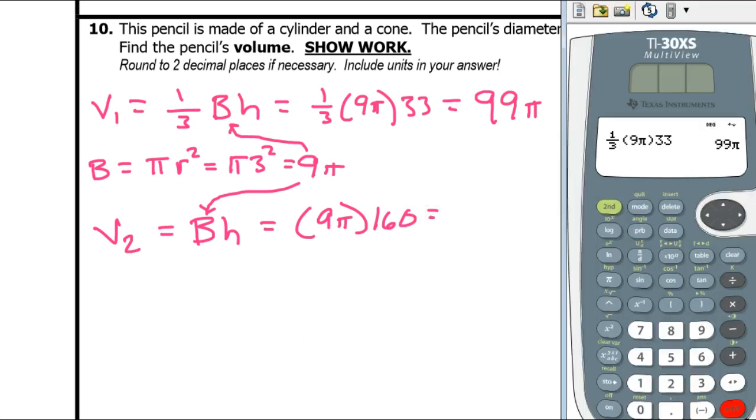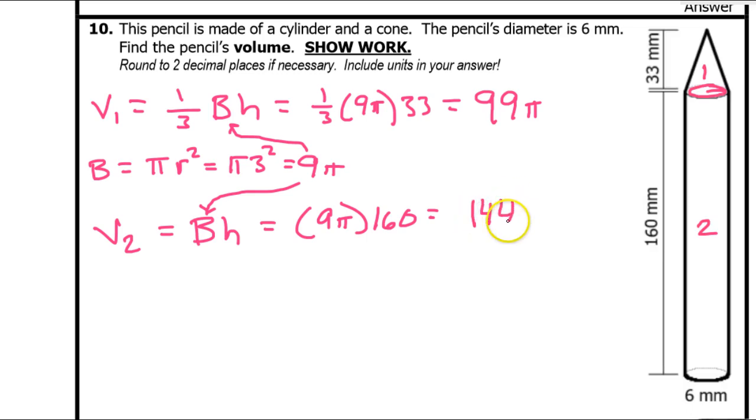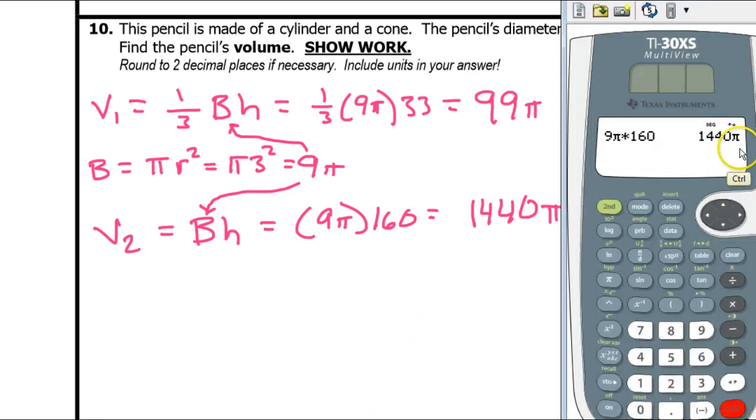All right, so let's see what that is. 1,440 pi. Okay, for the total volume, I need to add these up. So I already have this typed in, so I'm just going to do plus 99 pi. So I get this.